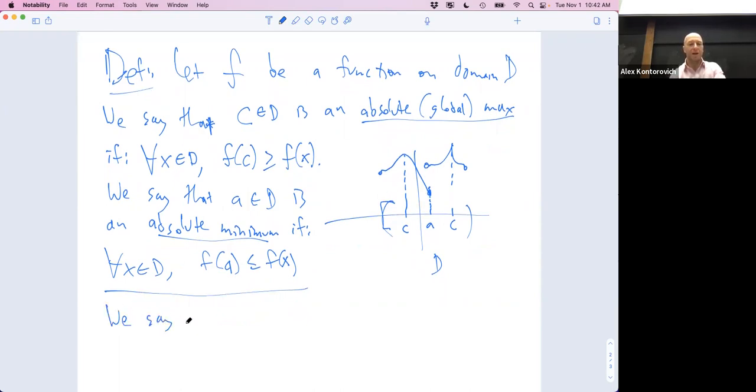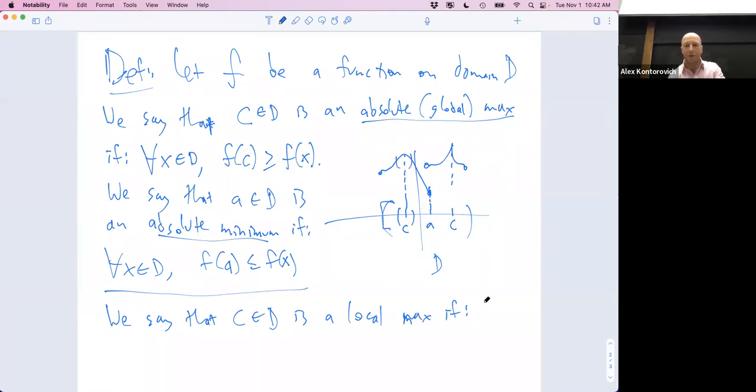We say that C in the domain is a local max if, so I don't want to look at the whole domain. I want to look at some interval around C. If I zoom in just to this little range, C is the maximum value.